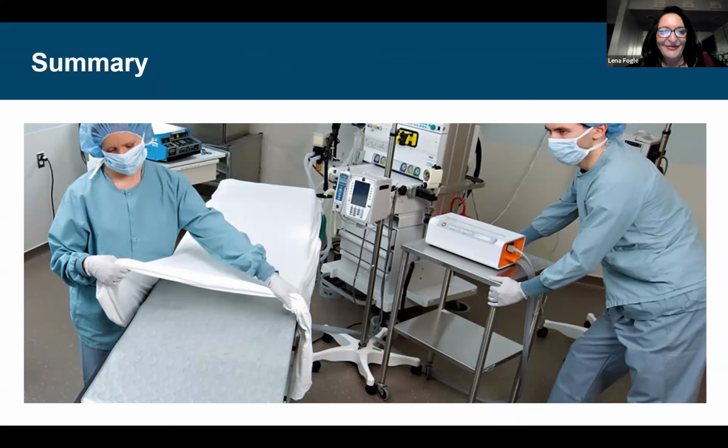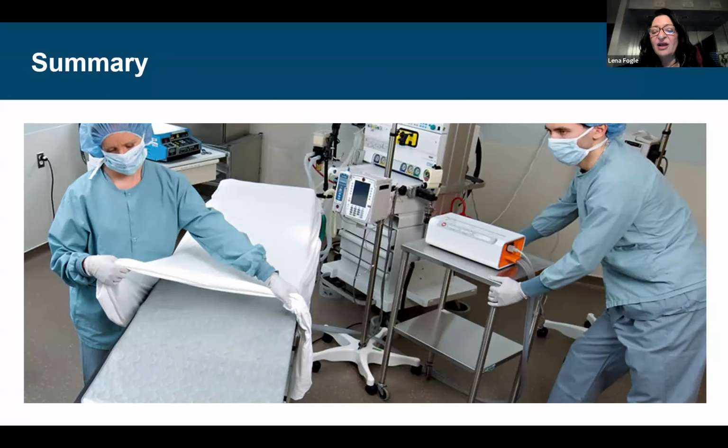So I think I'm going to make it in time, we have a couple minutes left, but in summary, I know this is a lot of information that we've gone through. If you don't have a renovation planned, get into your rooms, see what you can do to create zones in your operating room, see what you can do to cover up those cords, whatever it takes. See what you can do to get unneeded things and the clutter out of there.